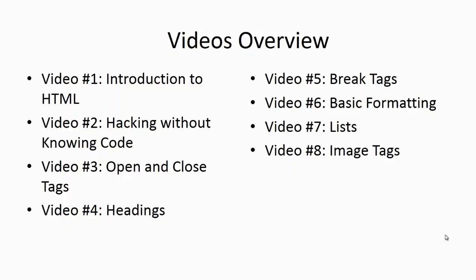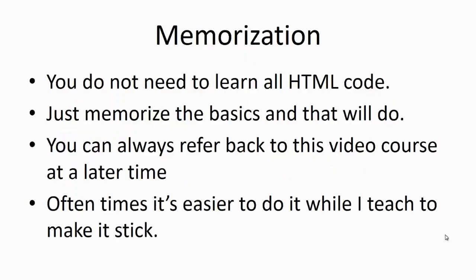In video number 8, we're going to talk about image tags and how to make them SEO friendly. And of course, in video number 9, we're going to talk about hyperlinks. Not just how to create a hyperlink, but how to make it so when somebody clicks on it, it opens up in a new window. This is something that you are going to face over and over again, and that's why we're focusing specifically on these tags.